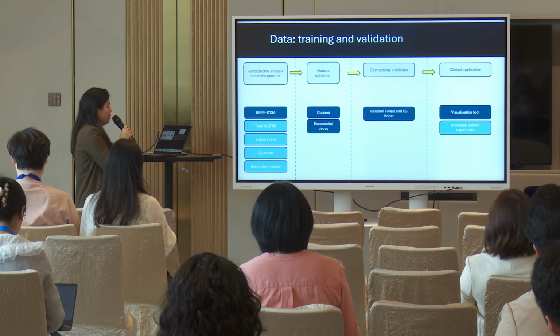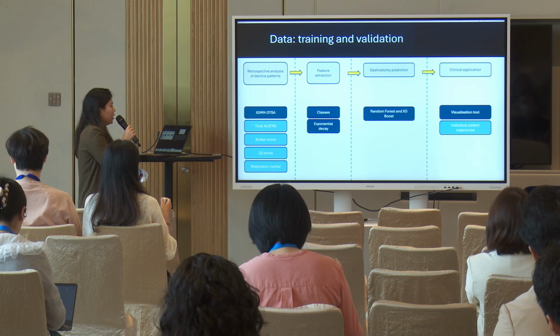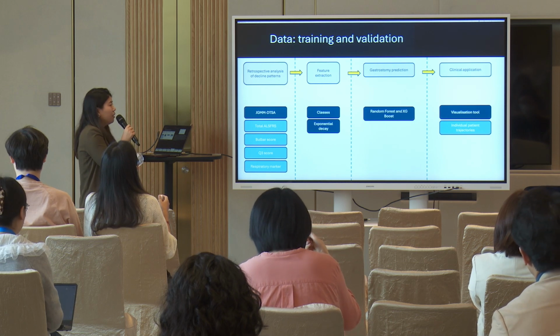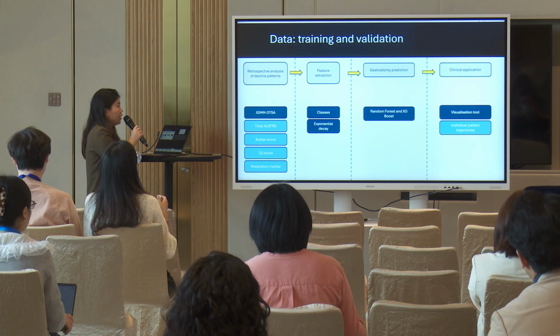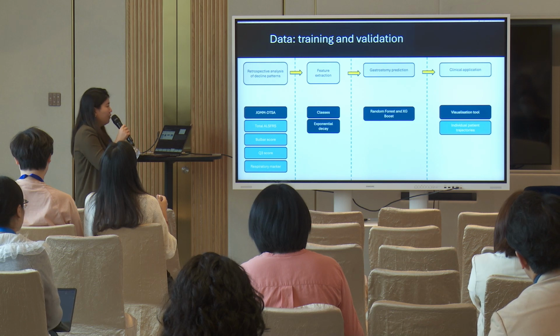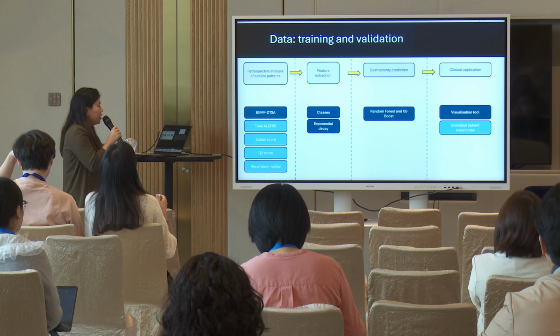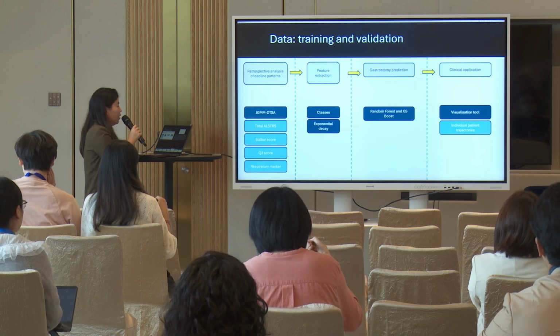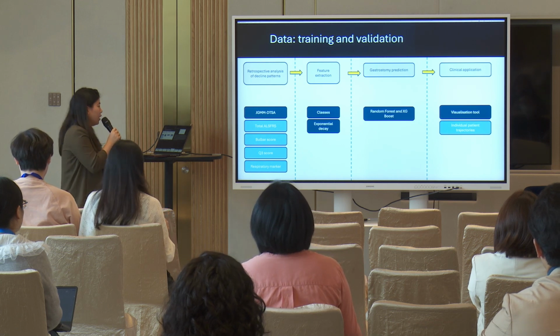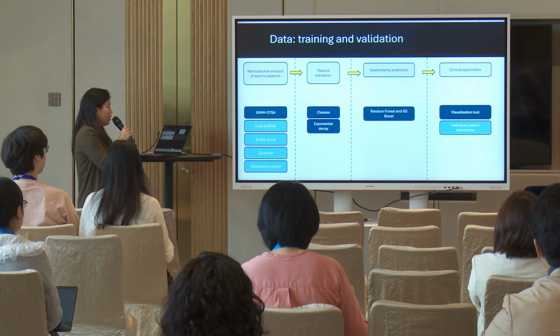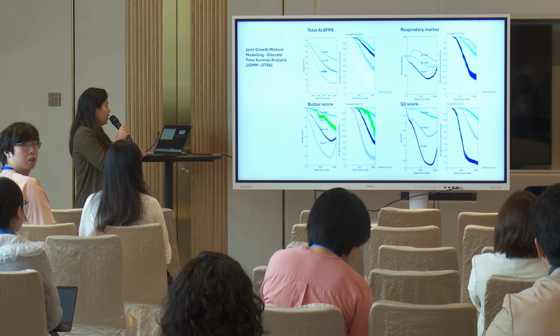The next step was feature extraction, where we looked at the classes and exponential decay. We then proceed to prospectively predict the time of gastrostomy event for each individual patient using random forest and XGBoost predictive models. Finally, we incorporate the elements of these steps into a visualization tool to predict individual patient trajectories.